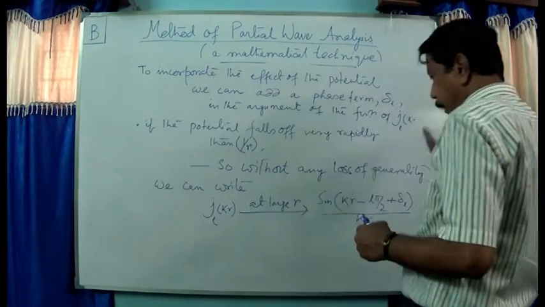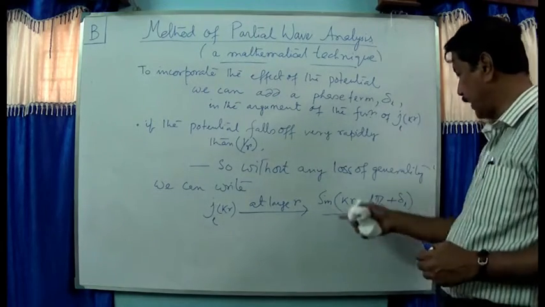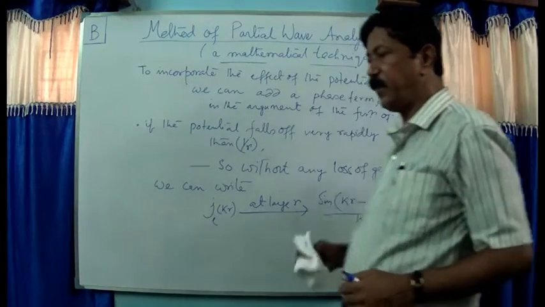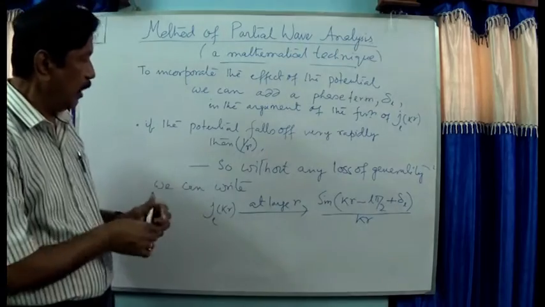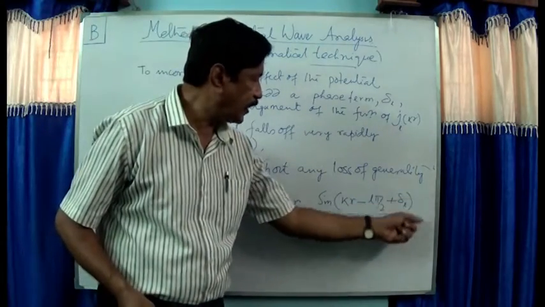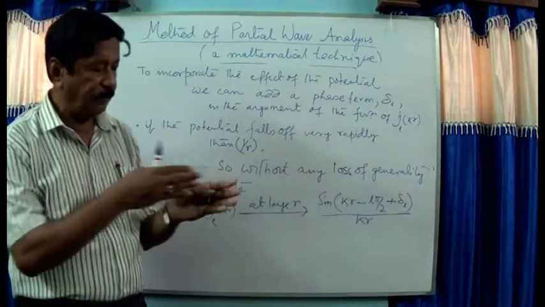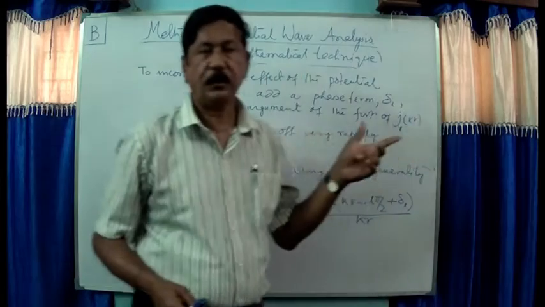So this expression for the sine function carries some information about the potential because of the presence of this delta L. Actually, whenever a wave crosses a potential, a phase change will occur.